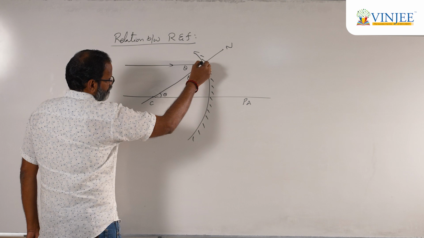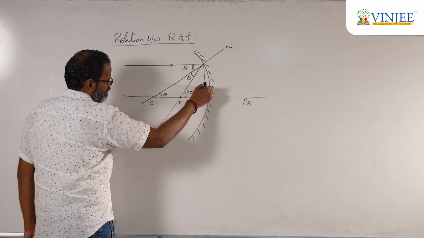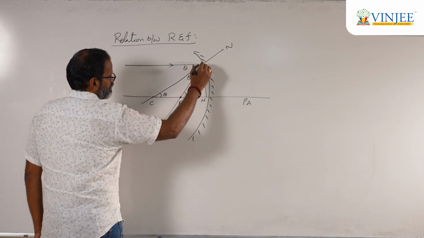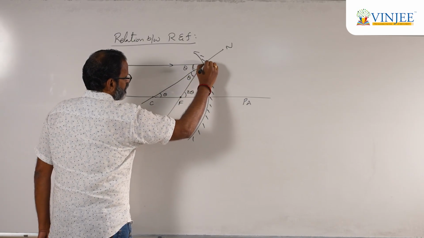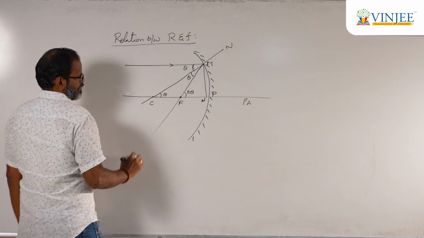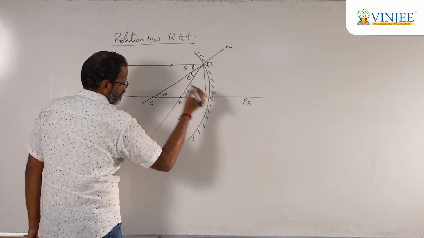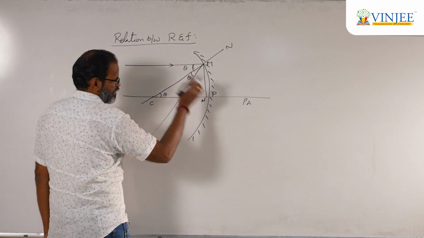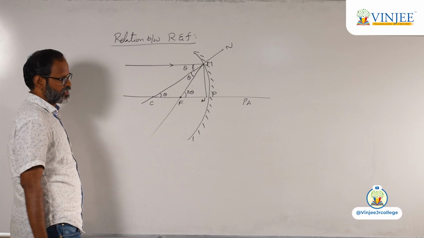Drop the normal from point M, which intersects at point N. Now N and P are very close to each other for paraxial rays.